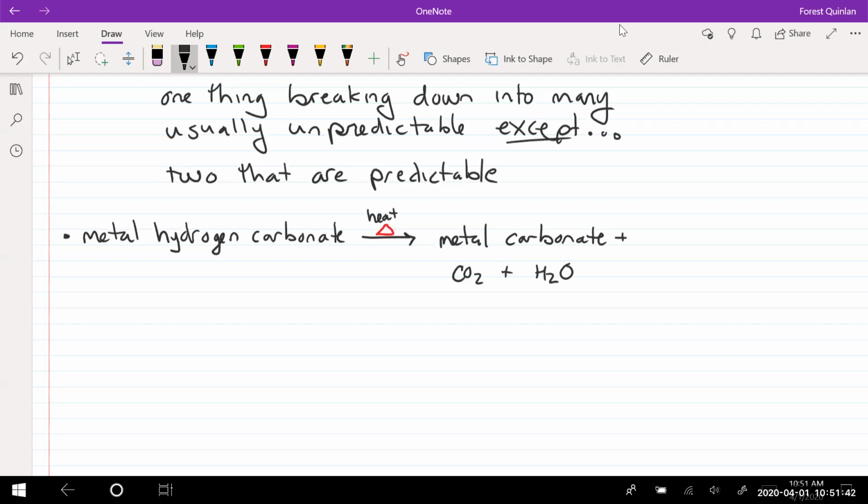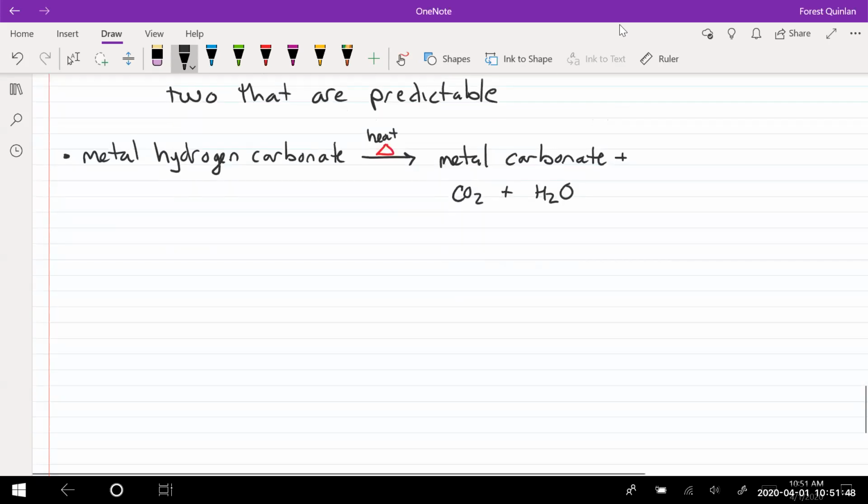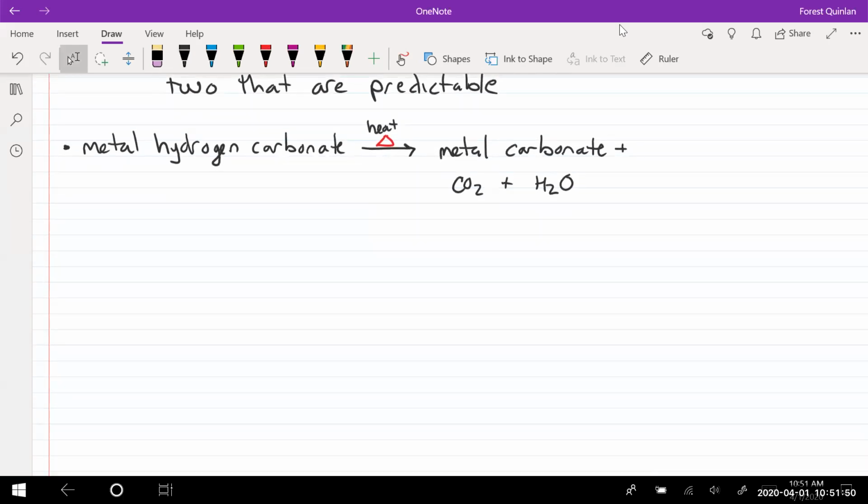So this one is very well understood. For anyone who bakes, you do this all the time. What's one of the things you put into anything you bake? It's a powder and it's white. Baking soda. I mean, you're baking with it, right?